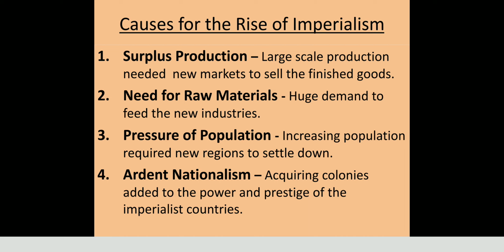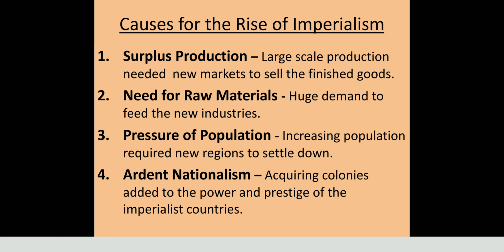So with the large production happening, all the extra surplus production was now being sent to these new colonies to be sold off there and to make profits. So the large scale production required new markets, and that is what led the industrialized nations to acquire more colonies, leading to imperialism. Second was need for raw materials.